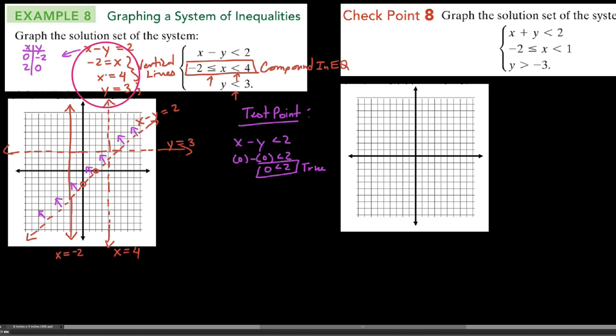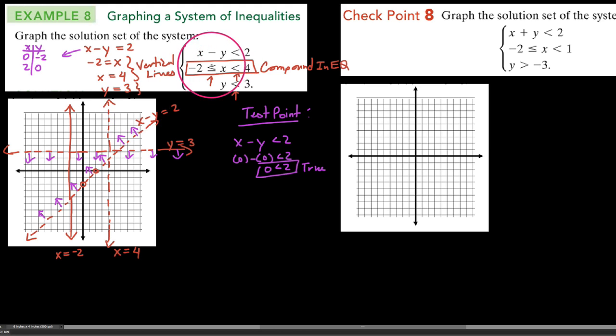Now with respect to these last three constraints, these are going to be a lot easier to check, because we can test the point. But to say y is less than 3, with respect to that y equals 3 equation, this is all the y values underneath it. You can see pretty clearly from our middle compound inequality that we will shade all the x values between negative 2 and positive 4.